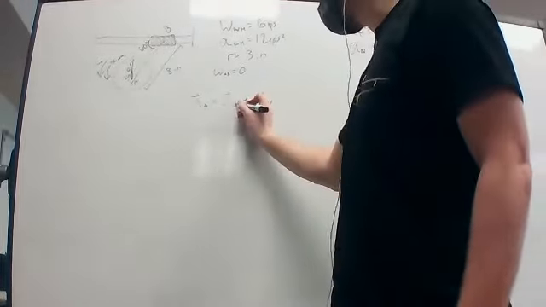So we can go ahead and say that the acceleration is our alpha value times that R. So that's going to be 36 inches per second squared. That comes from alpha value times the radius, 3 inches.